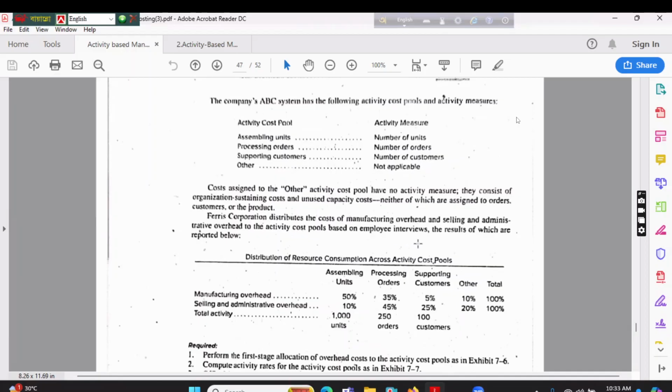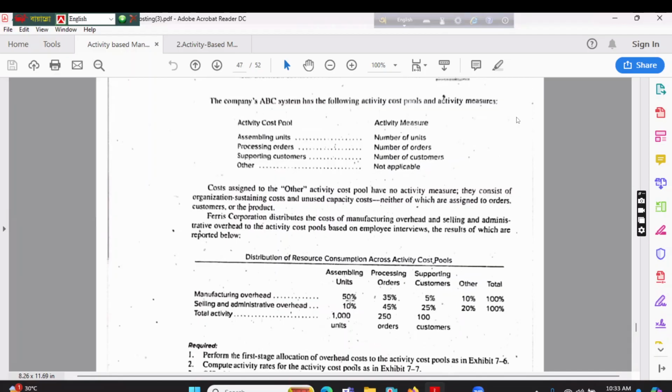Distribution of resource consumption across activity cost pools. Activities consume resources. Resources means overhead resources. Yes, overhead resources are manufacturing overhead and selling and administrative overhead.